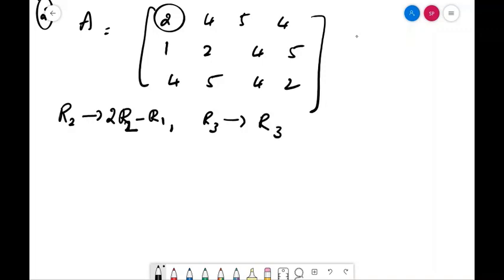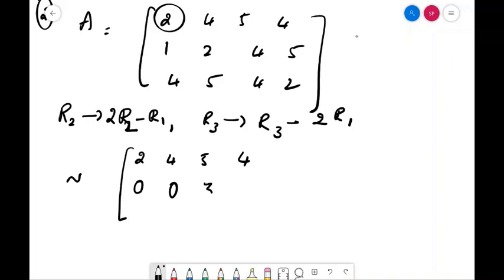So R3 minus 2R1. If I do these transformations, this is reduced to 2, 4, 5, 4, and then 2 times R2 elements. So this is 0. 2 times 2 is 4, minus 4, then it is 0. 2 times 4 is 8, minus 5 is 3. 2 times 5 is 10, minus 4 is 6.